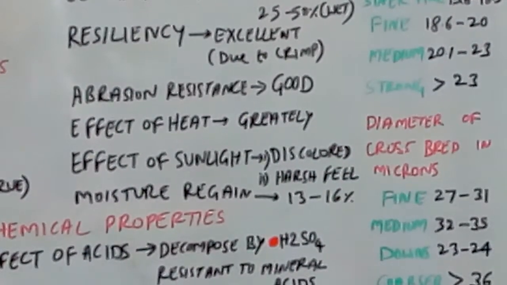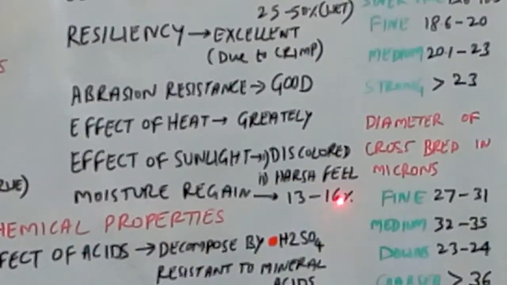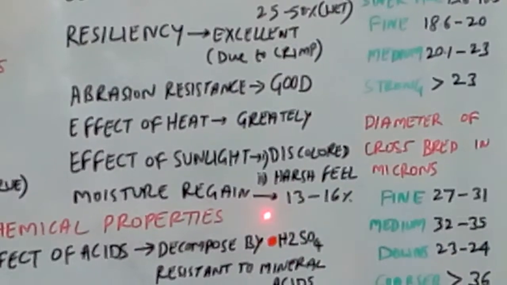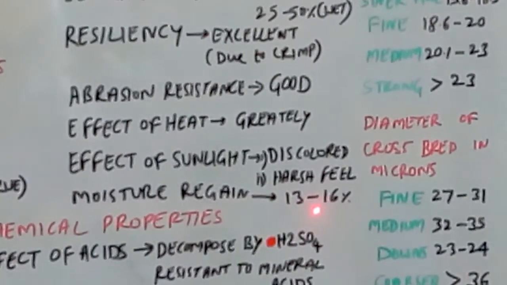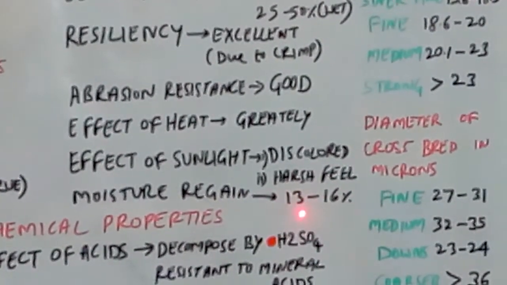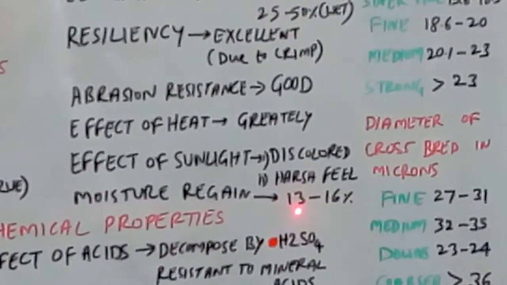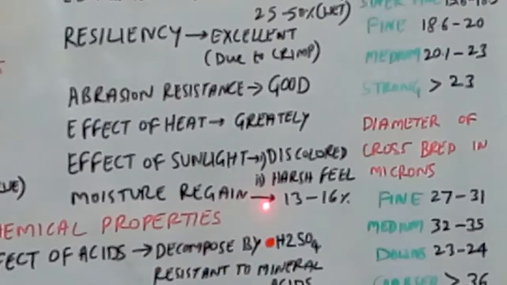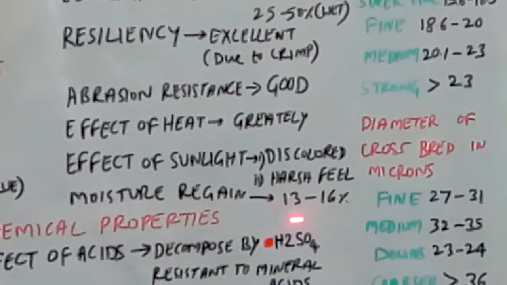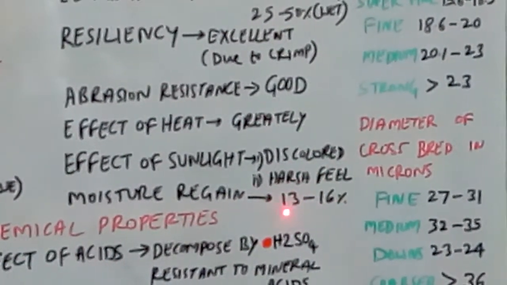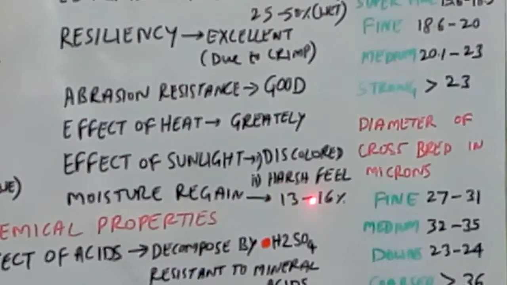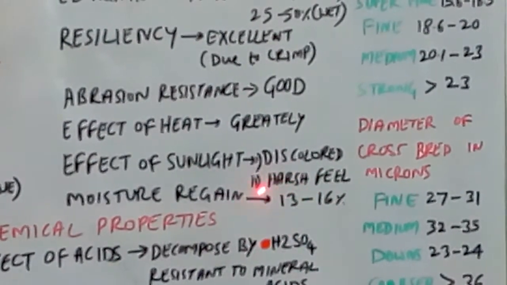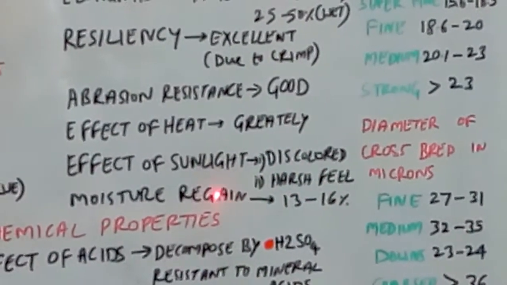This is because of the space available in the morphology of this protein fiber and the bulkiness or more crimp. This makes the fiber easily dyeable, it will absorb dye very easily.